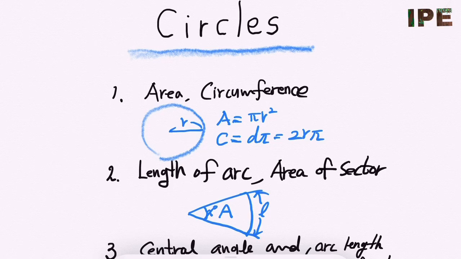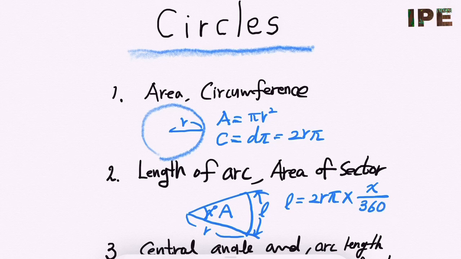And how can you find that length of arc L? Basically you have to find the circumference of the big circle. That is 2r pi, if the radius of that sector is r. The big circle's circumference is 2r pi times central angle x degree over 360 degree.